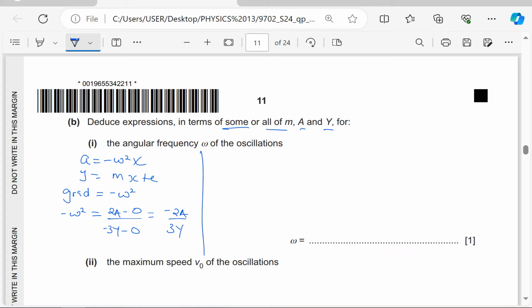So the negative cancels out. We shall have that omega squared is equal to 2a divided by 3y. Then I find the square root. So the answer here is going to be the square root of 2a divided by 3y.